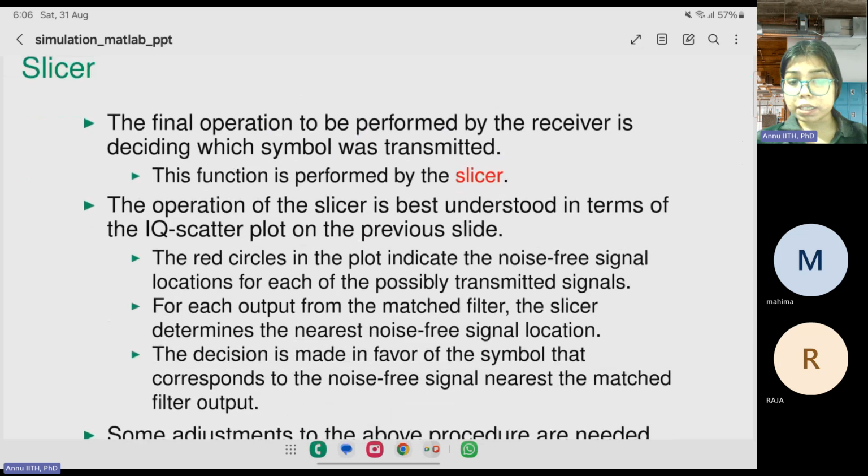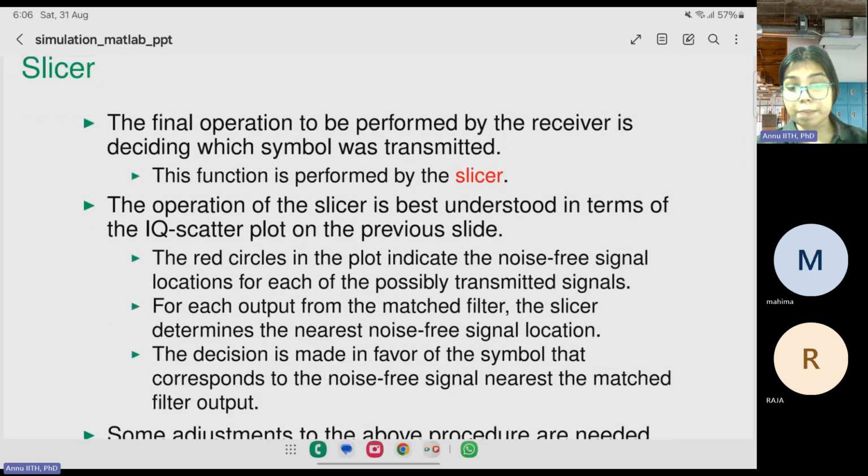Then the final operation to be performed is a slicer. So what does the slicer do? The final operation to be performed by the receiver is deciding which symbol was transmitted. This function is performed by the slicer. The operation of the slicer is best understood in terms of the IQ scatter plot on the previous slide.